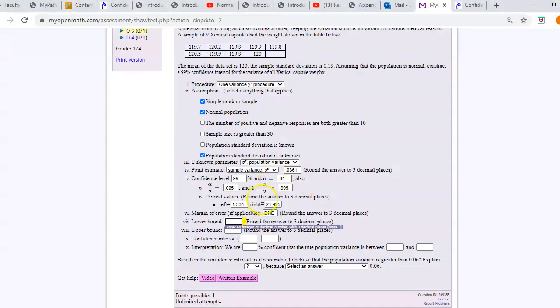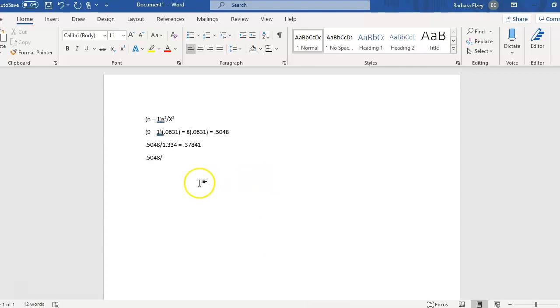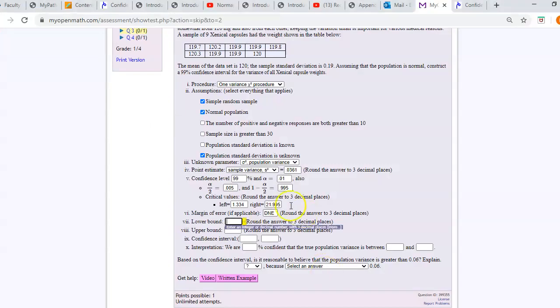And then let's do the other calculation, 0.5048 divided by the other chi-squared value. So I need to go back here for a second. My other chi-squared value was 21.995. Let's put that in the calculator, and we'll end up getting 0.02295. Now let's notice that this is the smaller of the two values, so when we put it in, the one that's smaller needs to go first. I'm betting it's 3 decimal places, but let's look back here real quick.